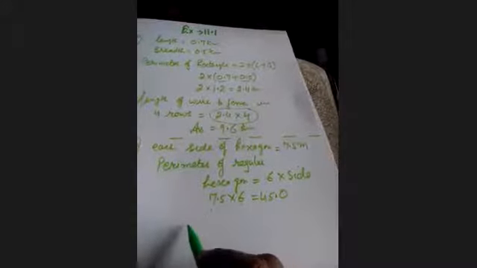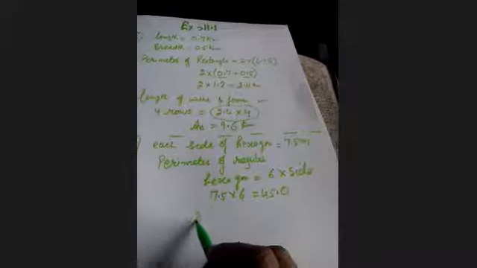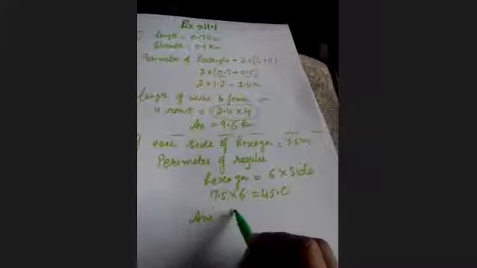Now multiply: 6 fives are 30, 6 sevens are 42 plus 3 is 45. So the perimeter of the regular hexagon is 45 meter. So students, this is question number 5 and 6.